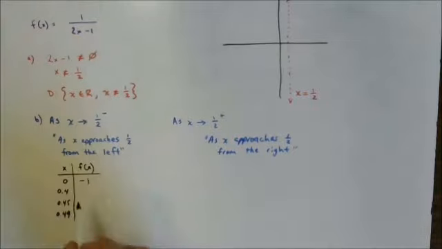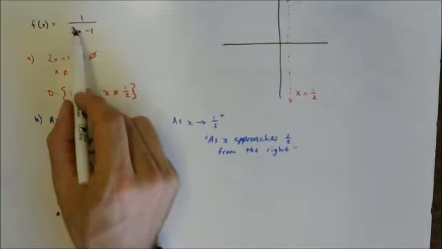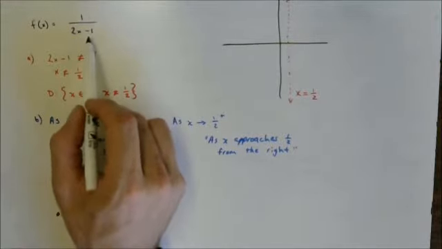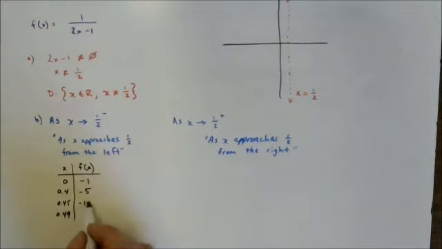And one of the factors is negative, so we're looking at -5. Plug in 0.45 for x, you get 0.9 minus 1, which gives you -0.1 in the denominator. 1 over 0.1 is 10, and we have a negative factor, so it's -10. And same principle applies. You put 0.49 in there, you end up with -50.